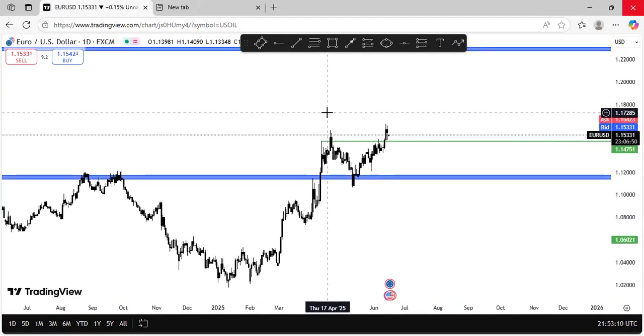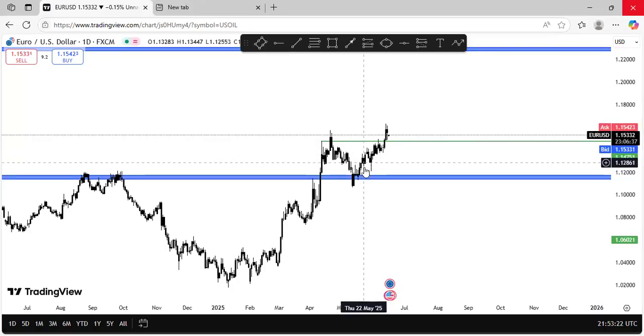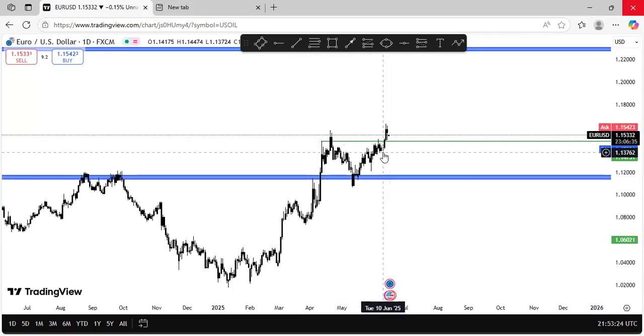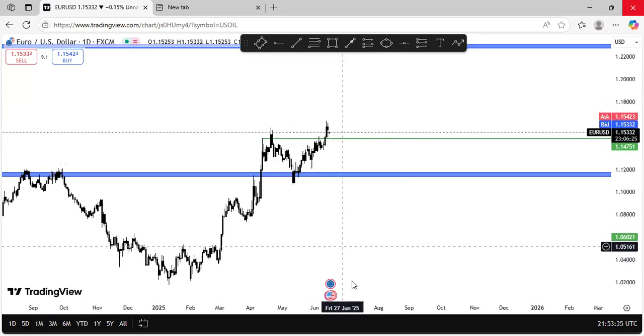And as we can see, before the market closed last week on Friday, we saw price pushing up, breaking this zone around here, forming new highs. So we're expecting more upward movement for the Euro USD.